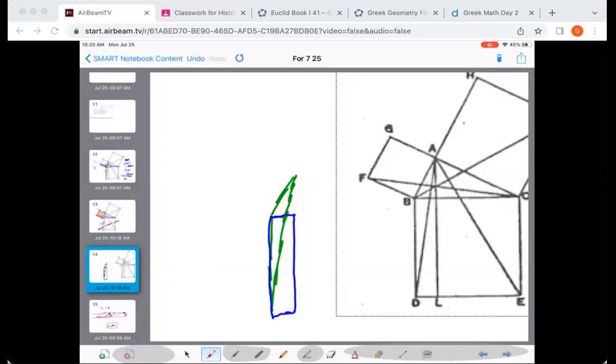The rectangle is twice the area of the triangle. That's right. I'll put a letter here, I'll call it J. So rectangle LJBD's area is 2 times the area of triangle ABD.